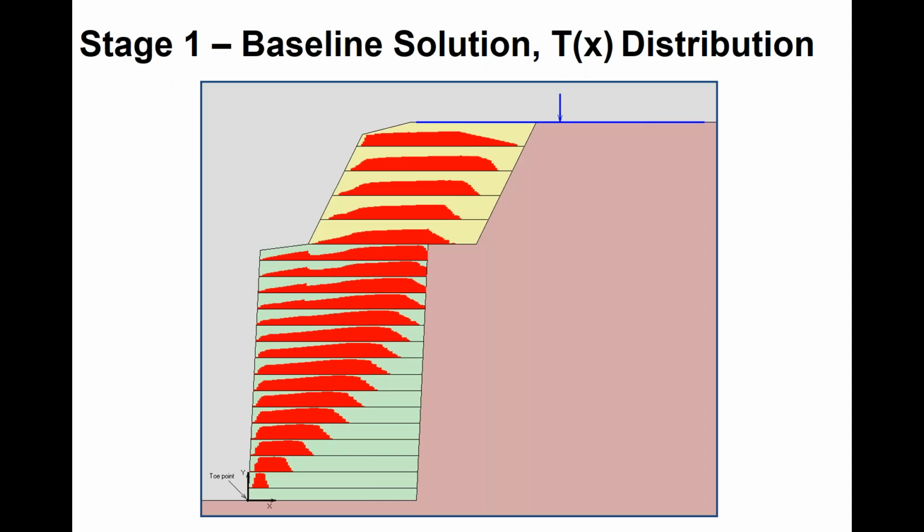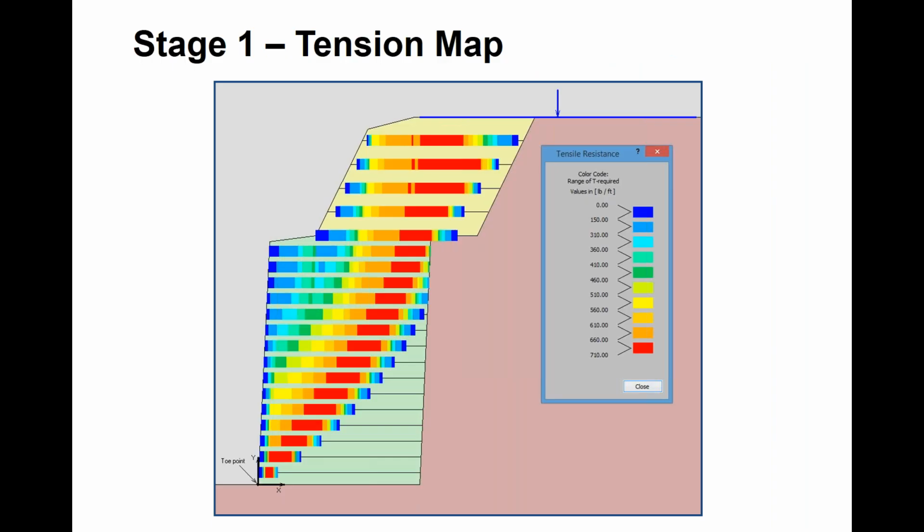Here's your baseline solution. We can see, especially at the top, you can see what's dictated by pullout. You can also see the reinforcement distributions throughout, and they're pretty wild. There's local maximums and other maximums, and this isn't easy to predict using the conventional approaches we do today. There's the tension map.